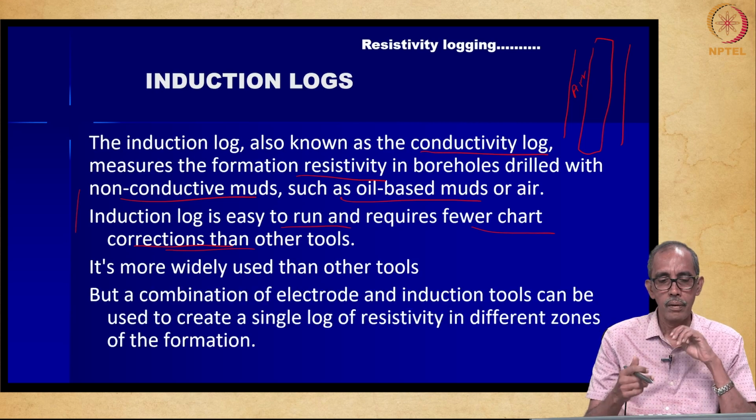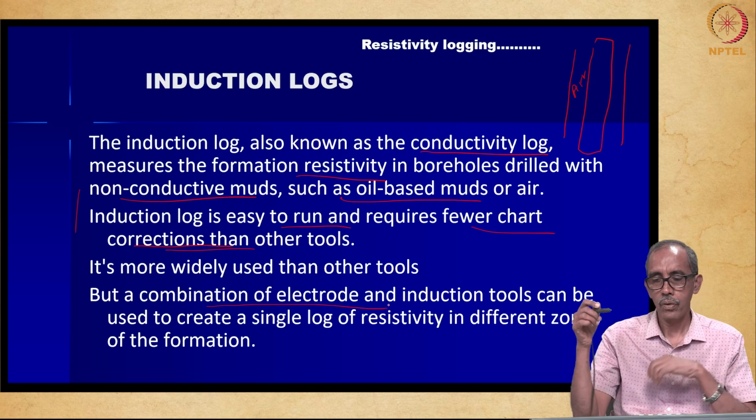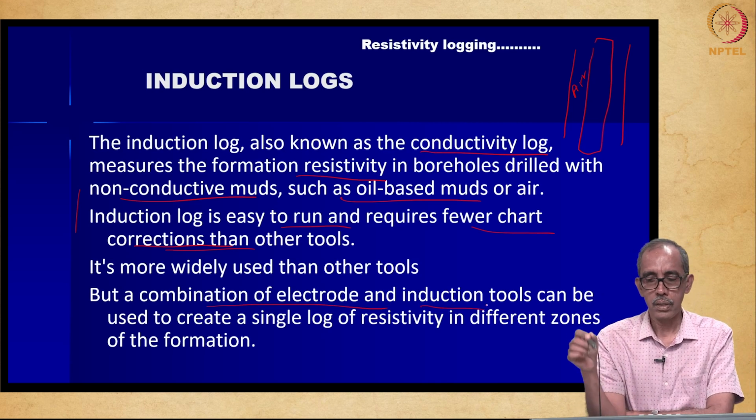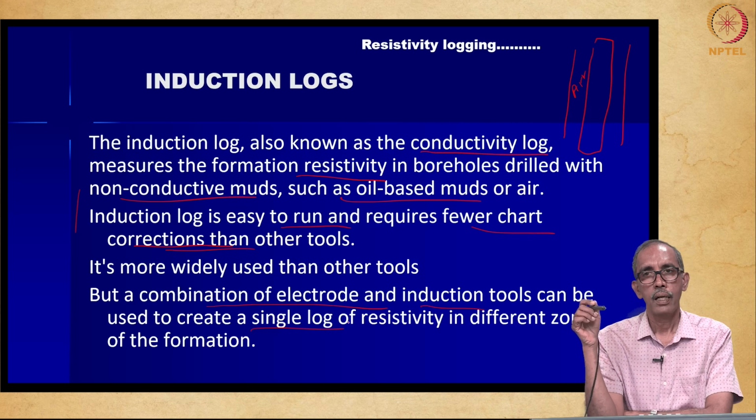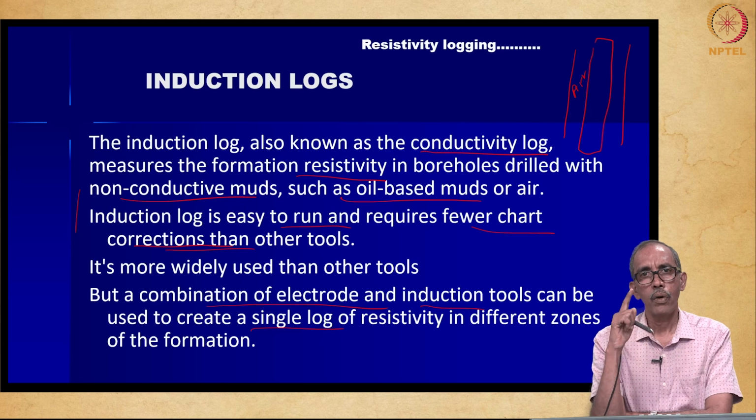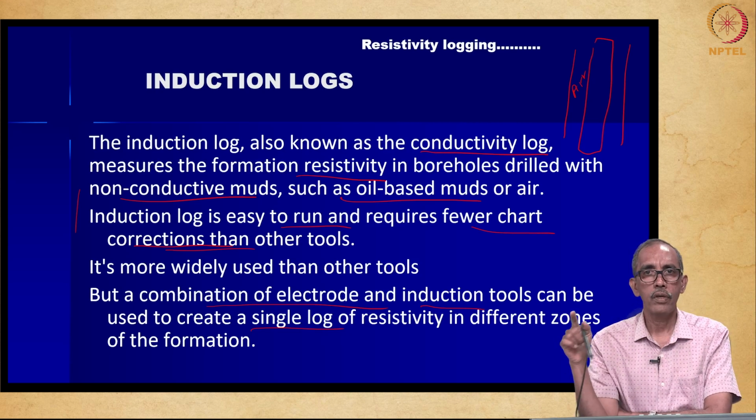But always a combination of electrode and induction tools can be used to create a single log of resistivity. This I keep telling: never do we depend on one particular geophysical method. So, when we do logging, we use almost all the logging tools.